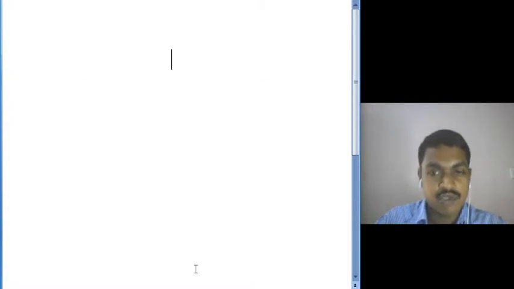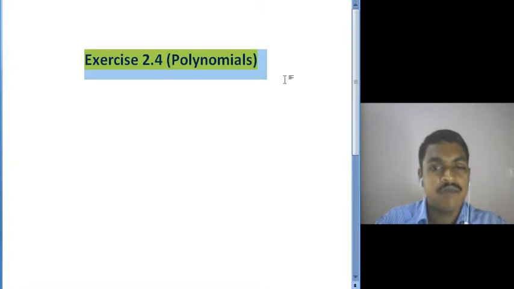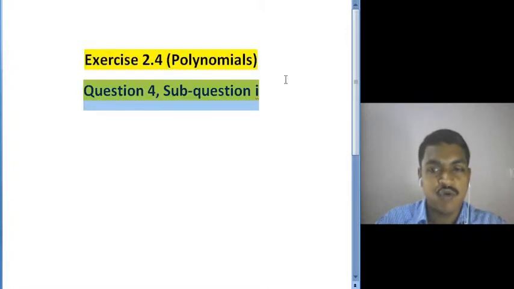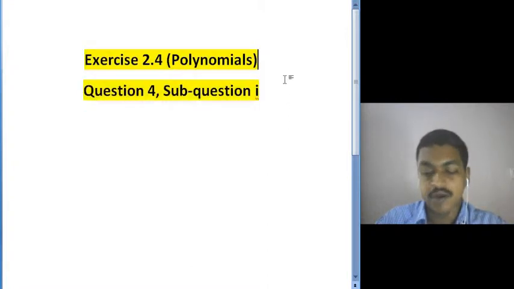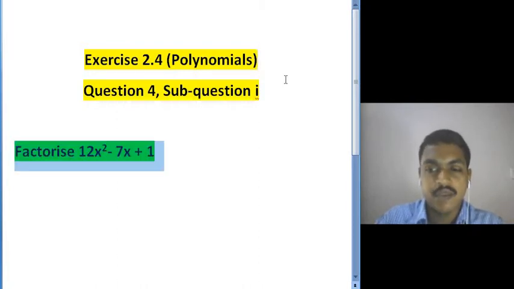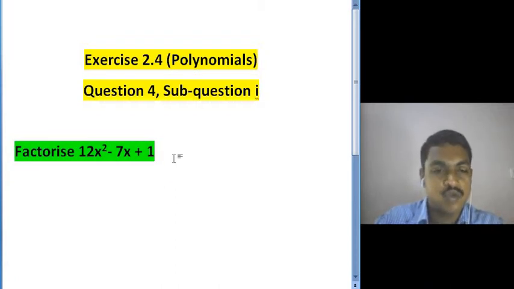Polynomials, chapter 2, exercise 2.4, question number 4, and the sub question 1. That's a special question we are going to look at today. So it tells you to factorize 12x square minus 7x plus 1. The factorization of a second degree polynomial can be done in two different ways.